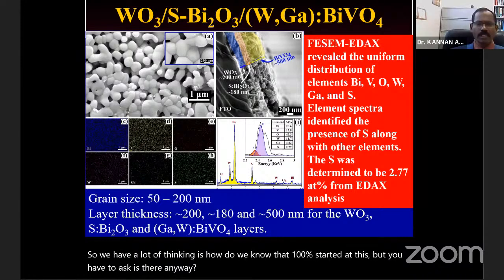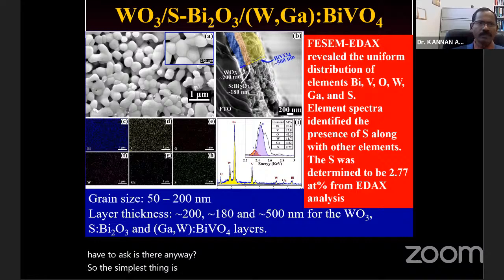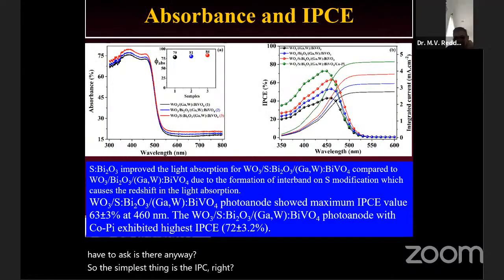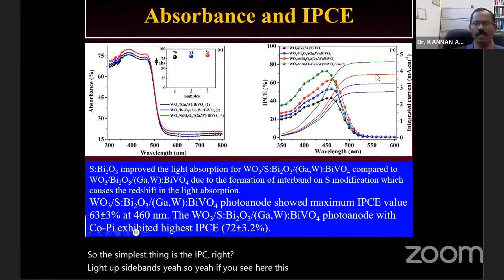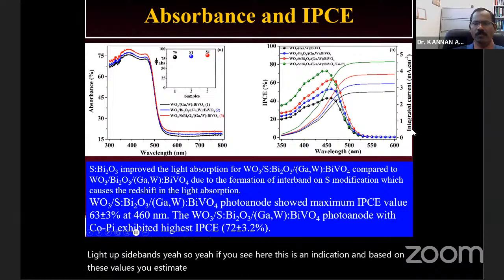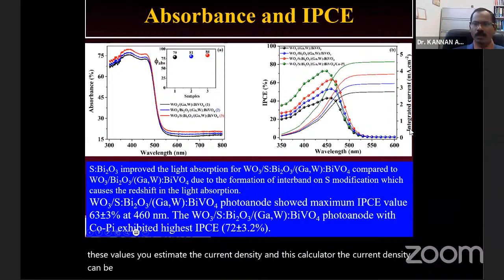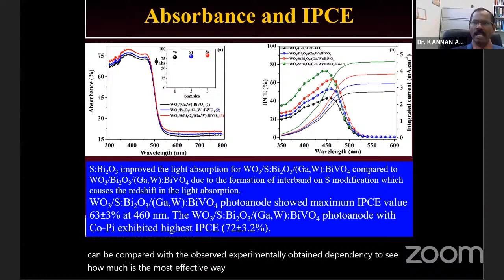So the simplest thing is the IPCE, right? Light absorption. Yeah. So if you see here, this is an indication, and based on these values, you estimate the current density, and this calculated current density can be compared with the experimentally obtained current density to see how effective the light utilization is.